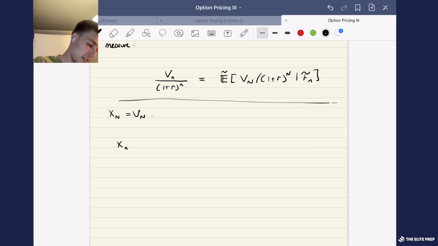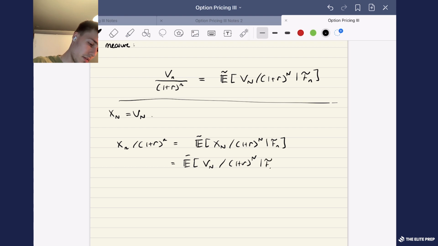So we know that x little n over 1 plus r to the n is equal to the expected value of x big N over 1 plus r to the N conditioned on Fn, which is equal to expected value of VN over 1 plus r to the N given Fn. And finally, by definition, x little n has to be equal to Vn, because otherwise we would have two ways of creating different payoffs, and that means we would be able to create an arbitrage in the markets.